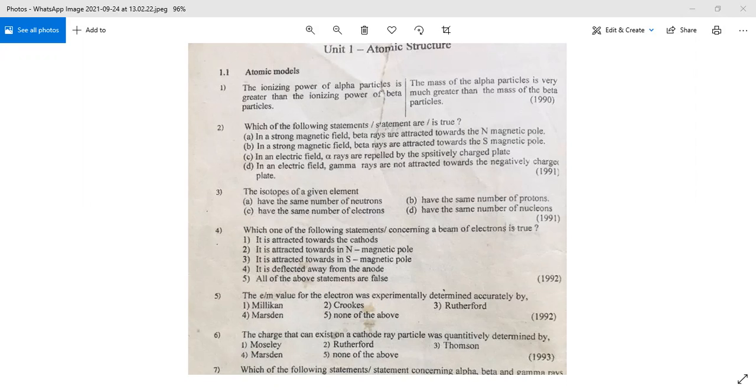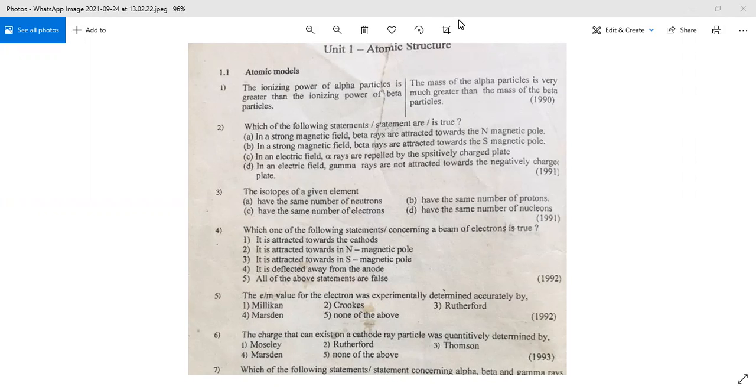The ionizing power of alpha particles is greater than the ionizing power of beta particles. So this question has a certain exam point. That exam point is the comparison of alpha, beta, and gamma.